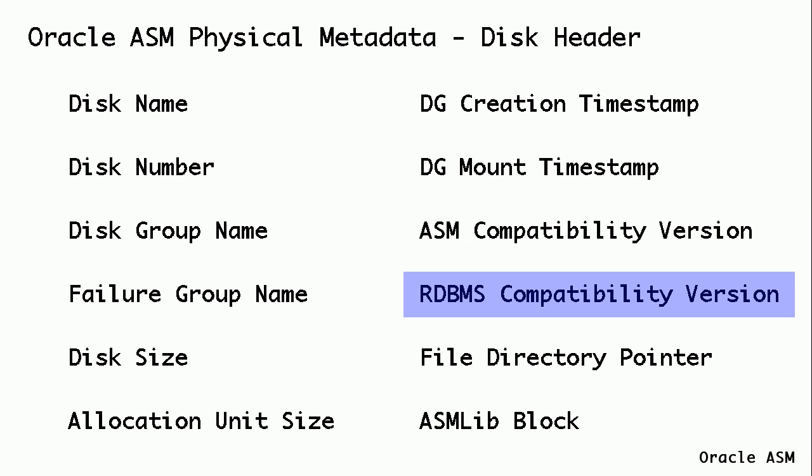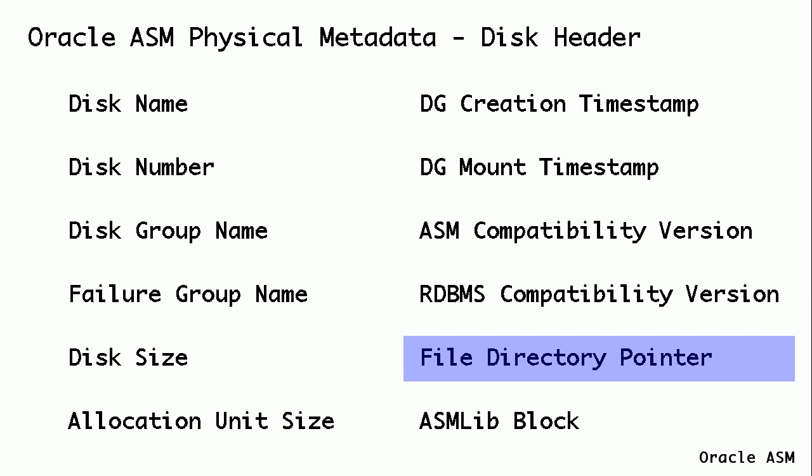RDBMS compatibility version dictates the minimum required Oracle RDBMS software version to access the disk group. This information is not used because Oracle RDBMS software queries attribute directory for this information if ASM compatibility version is 11.1 or higher.